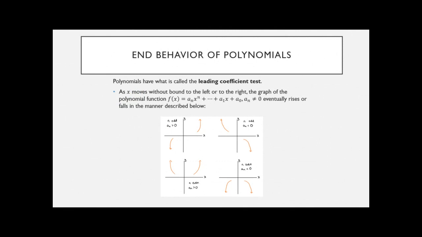It depended on your degree. If you have a quadratic, that's an even degree, and so it's either going to go up on both ends, which means it's going towards positive infinity, or it's going to go down on both ends. And with an odd degree, like a cubic, it goes in opposite directions.